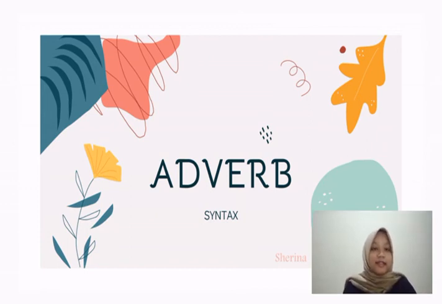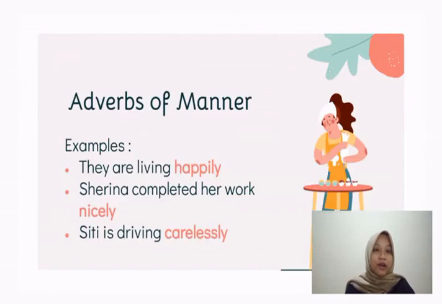And here we have some kinds of adverb. The first one is adverb of manner. This adverb describes the manner of an action or the way of the occurrence of an action.